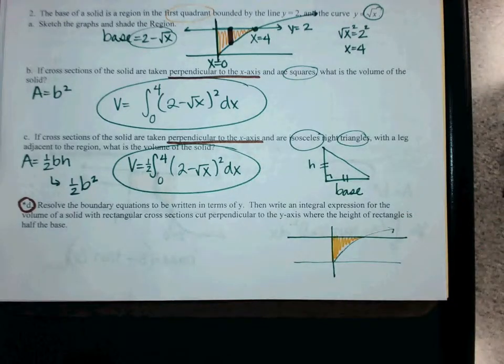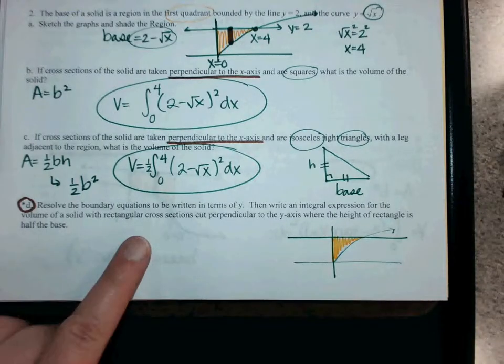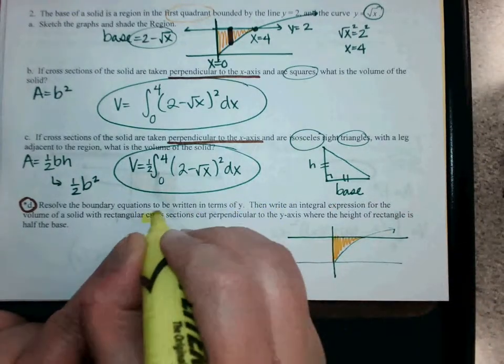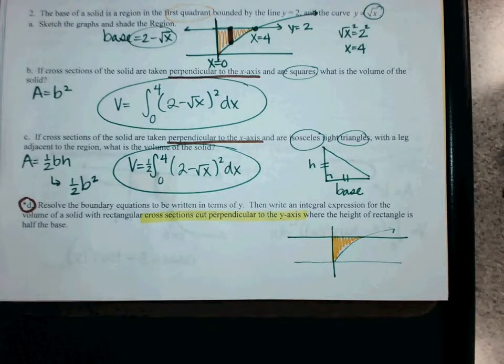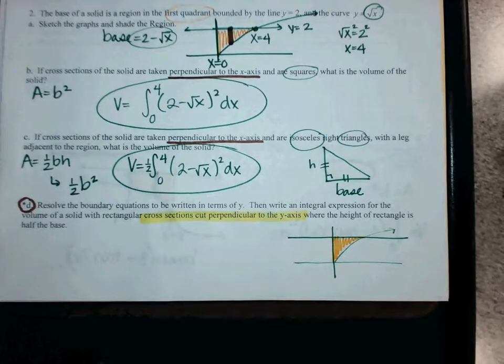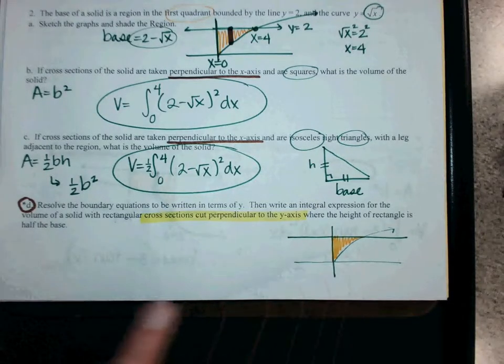What's changing is how I cut my cross sections. So it says now my cross sections will be perpendicular to the y-axis. This is homework 3. Okay? So I'm going to come down to my graph and think about this graph used to be y equals square root x.